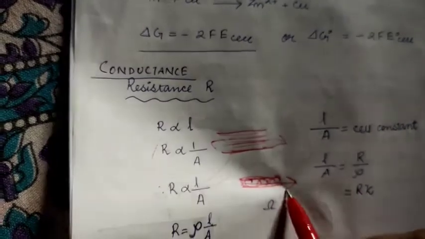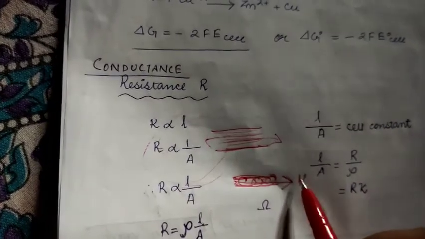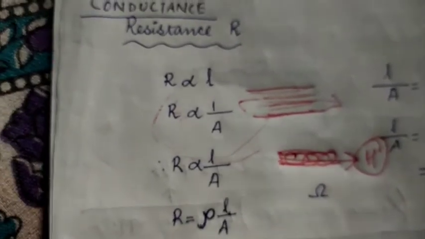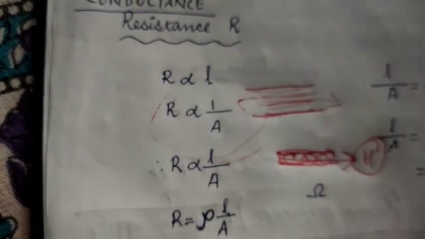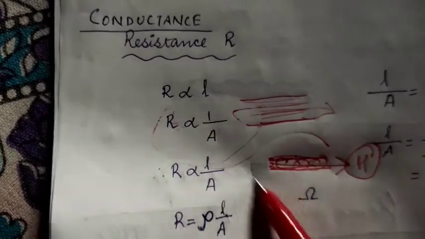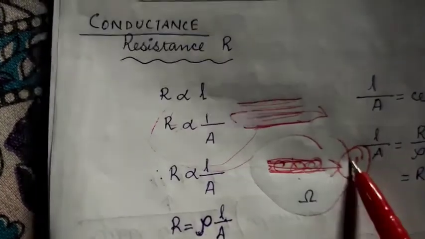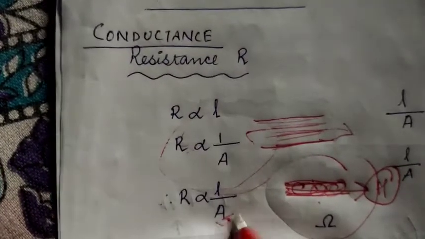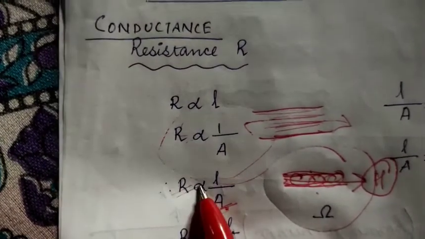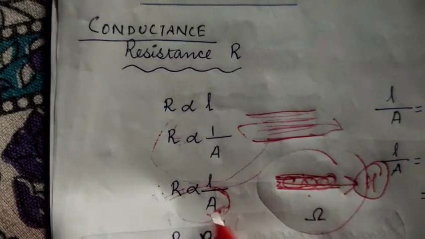The speed of the water is higher, isn't it? If we squeeze a water pipe, the moving water speeds up, isn't it? So area is less here, but the speed is more. Similarly, if the area is more, the resistance will be less, and if the area is less, resistance will be more.